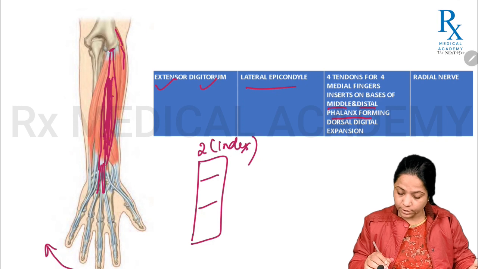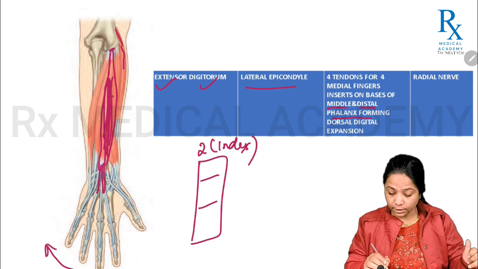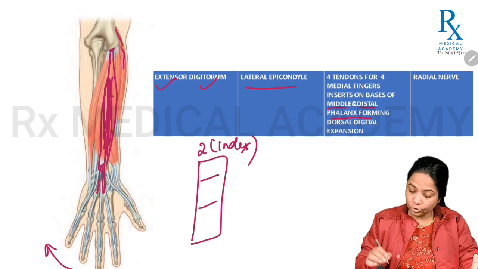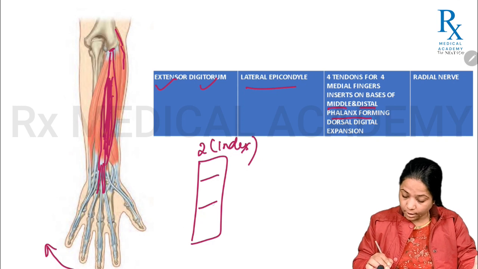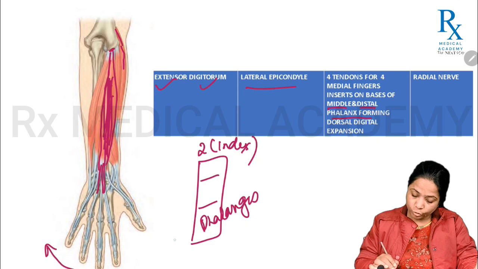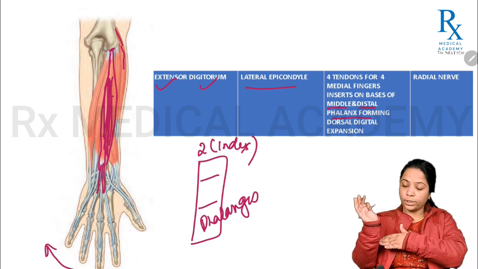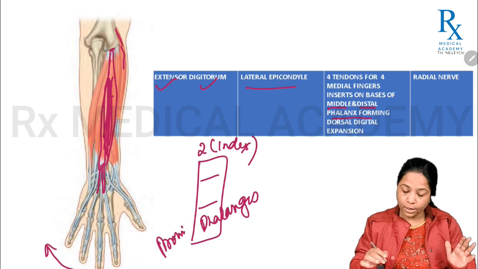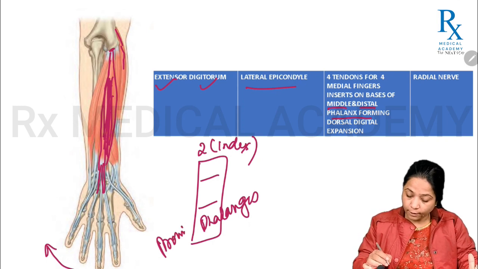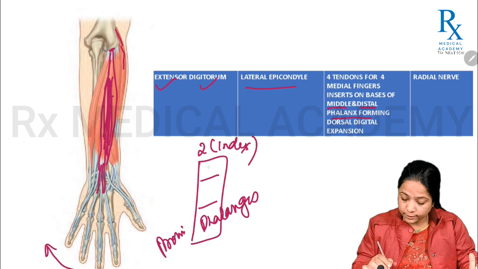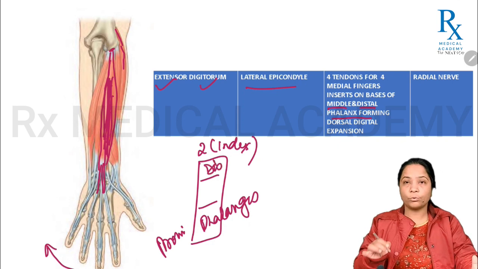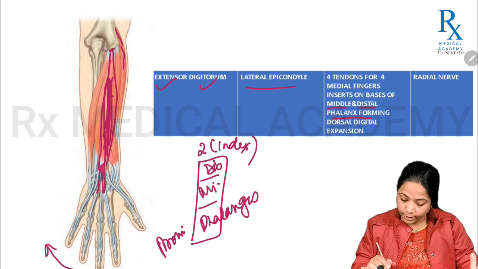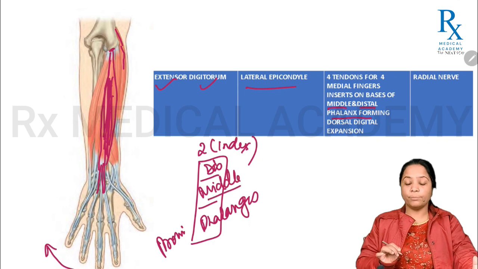So the index finger, the middle finger, the ring finger, and the little finger all have three smaller bones, known as phalanges or phalanx. The one toward the body is known as the proximal phalanx, and the one lying away from the body axis is known as the distal phalanx. In between the proximal and distal, you will find a small bone, which is known as the middle phalanx.